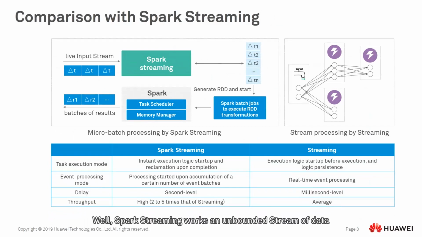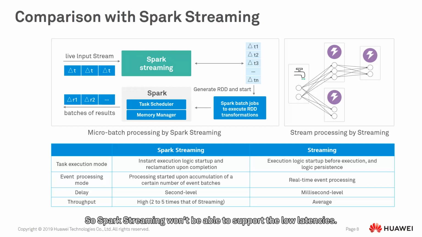Compared with Spark Streaming, while Spark Streaming works on an unbounded stream of data like streaming does, Spark Streaming is actually a micro-batch processing tool. Spark Streaming is built on top of Spark, and it needs to represent the incoming flow of data within a stream as a batch in order to operate.